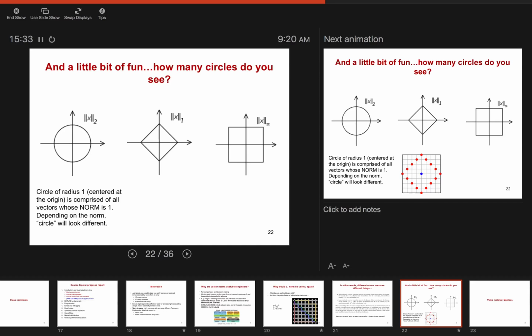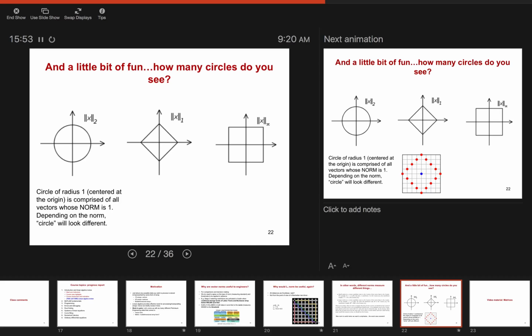Same thing for all of these lines. Here I have (-1/2, -1/2). Its L1 norm is 1: absolute value of minus 1/2 plus absolute value of minus 1/2. So this is how a circle looks in the L1 norm.